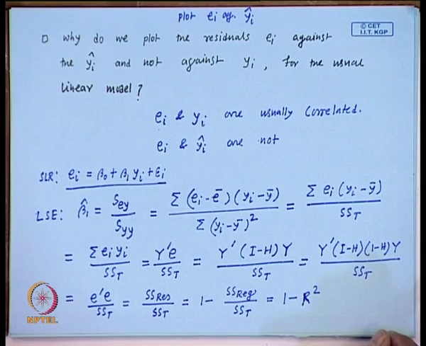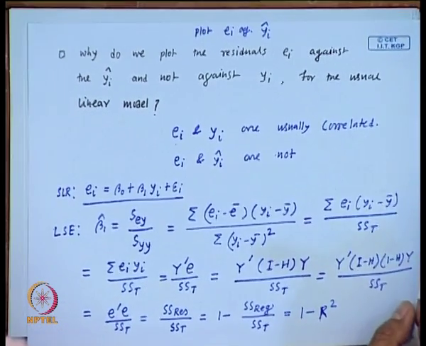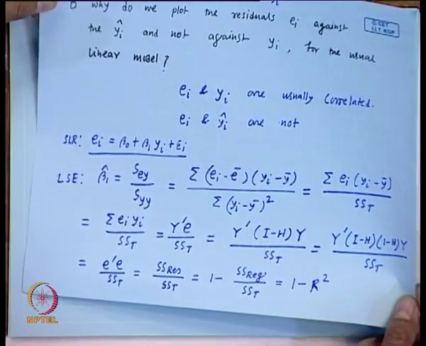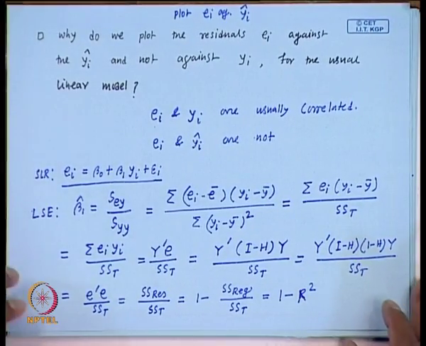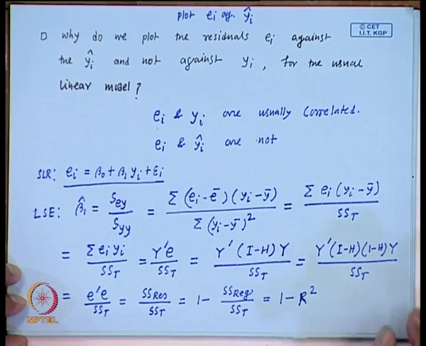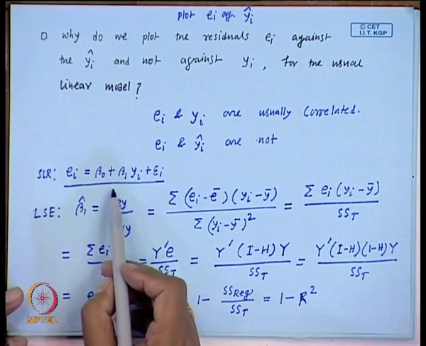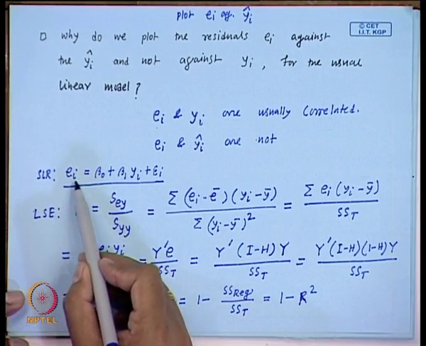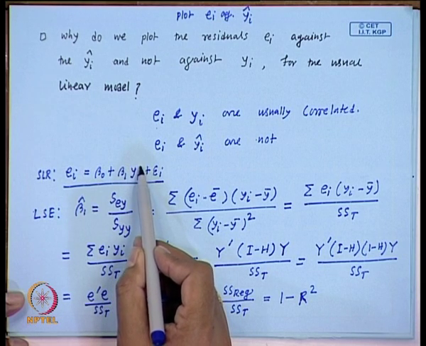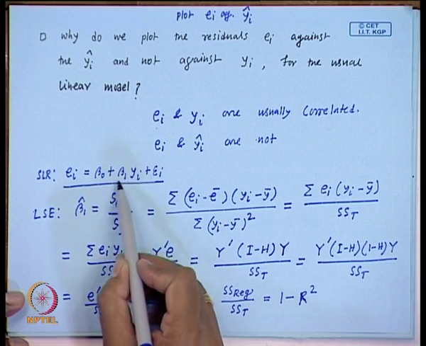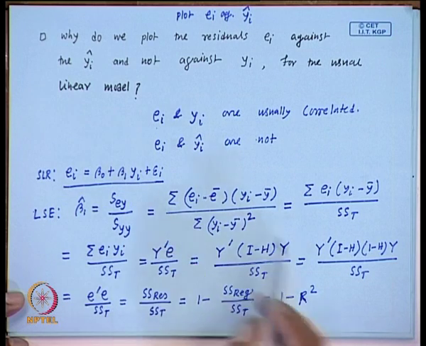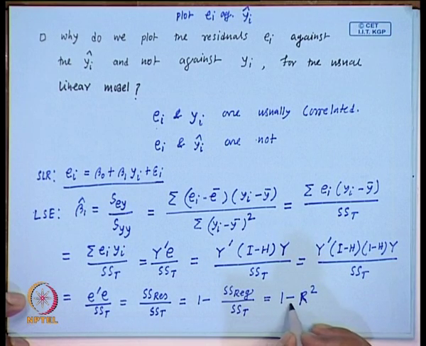Well, so what we proved is that there is a linear relationship between the residual and the observed value, and the slope is equal to 1 minus R square.